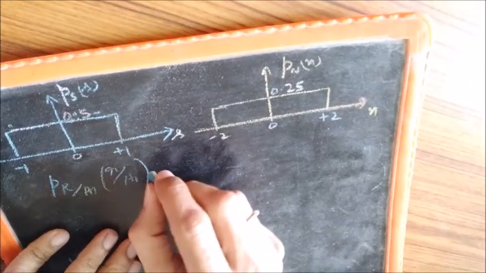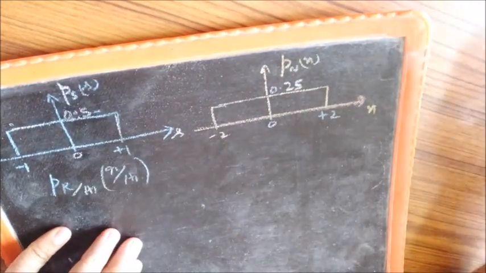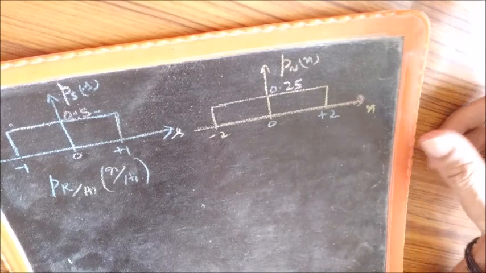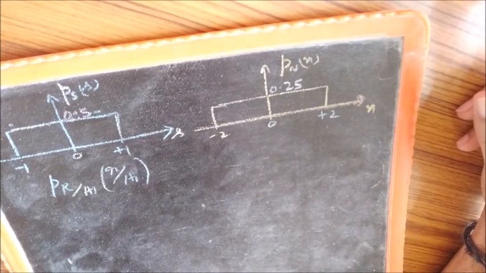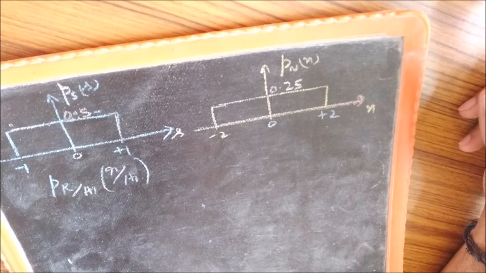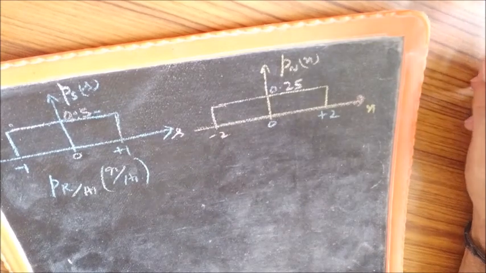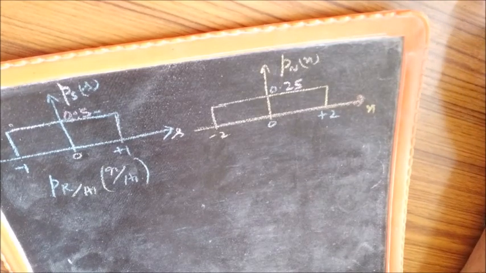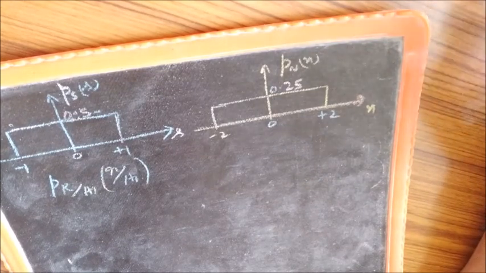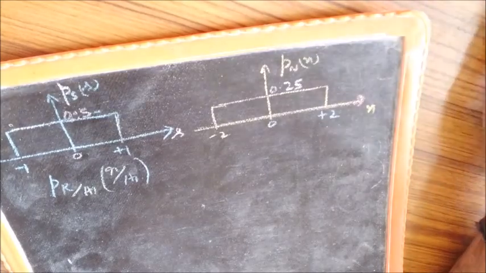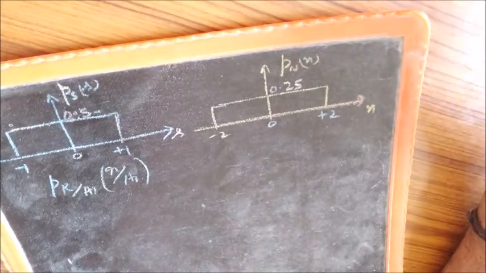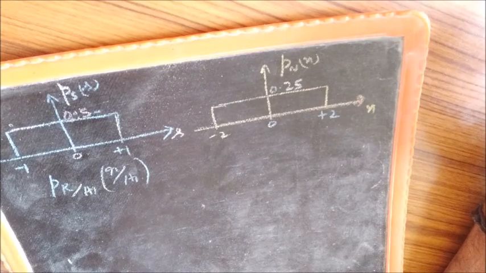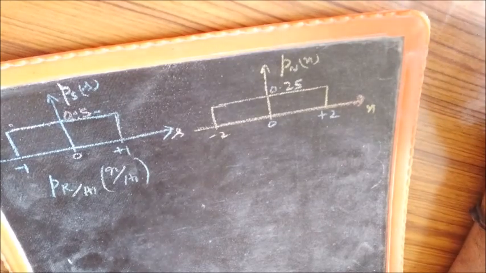So P(R|H1), if you recall, in one of the introductory classes, when we reviewed the probability and random variable theory, I said that when there are two independent random variables which are added, the resultant random variable will have a probability density function which will be the convolution of those two random variables.